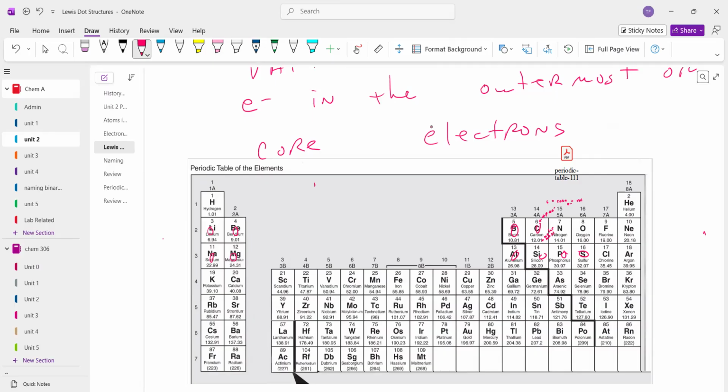Or it can have 16 valence electrons, but we're not going to count that part. Because it's 6 over, how many core electrons does it have? What plus 6 equals 16? 10 core electrons. Now this is pre-calc math.